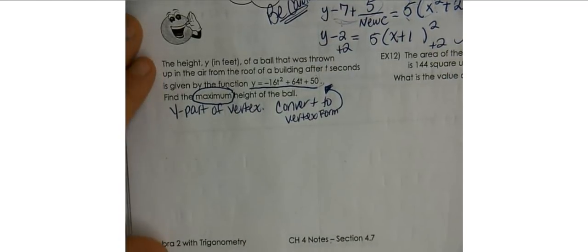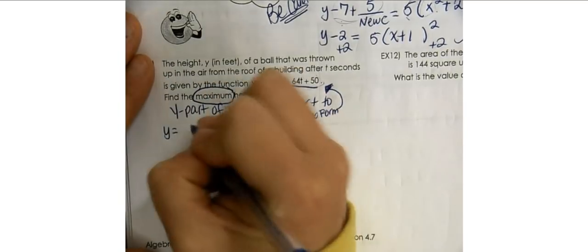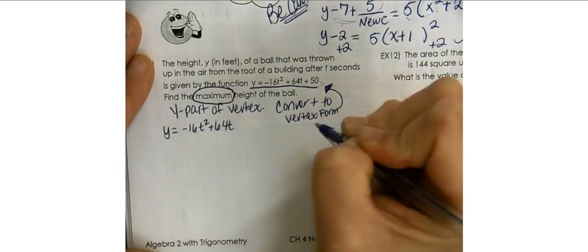So we're going to convert to vertex form. And by doing that, we'll be able to identify the y part of our vertex very quickly and very easily. So I'm going to write down my equation of y is equal to -16t squared plus 64t plus 50.